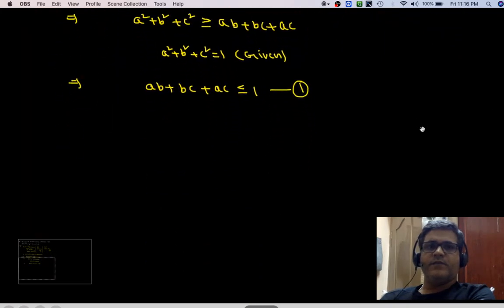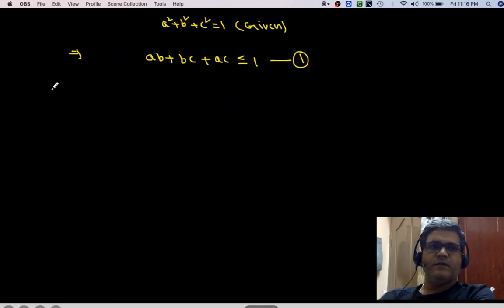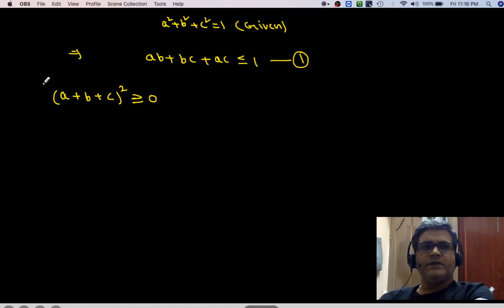Next, second part. For the second part, what I do is I will consider a plus b plus c whole square, which is always greater than or equal to 0. Yes or no? We know this one, a plus b plus c whole square is greater than or equal to 0.